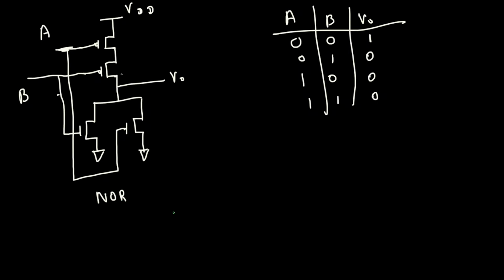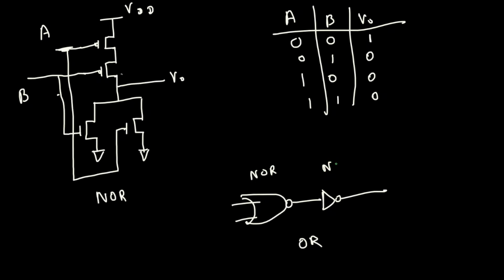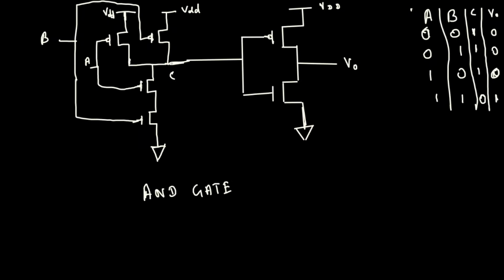And from the NOR gate we can also design an OR gate. This is the NOR gate right here, and if you attach a NOT at the end, that's going to give you the OR gate. Okay, this is NOR plus NOT. And how do you attach NOT? Like this, you connect the wire here, and this is a NOT gate. You copy this, I can literally do it right now.